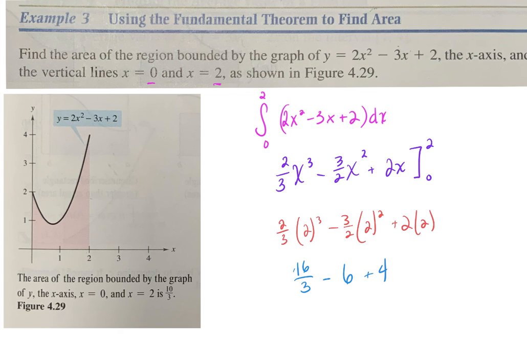If I did this in thirds, -6 plus 4 is -2. So I have 16/3 minus 2/3. It helps to put that as over 3, so this is going to be 6 over 3. 16/3 minus 6/3 is 10/3, and I am done.